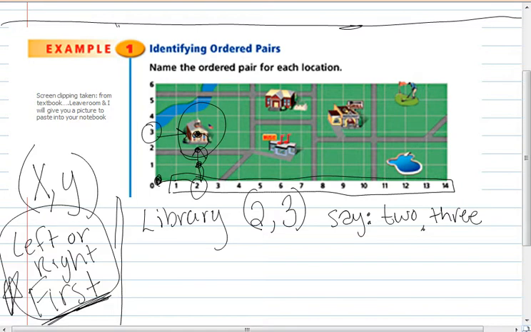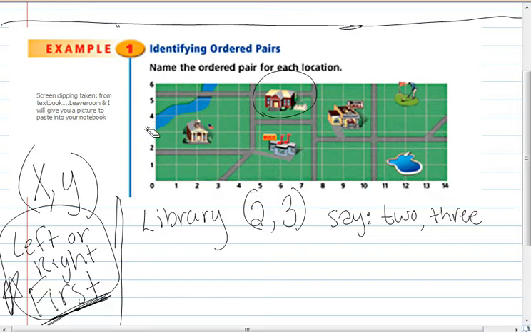All right, so let's look for the school. This is the school right here. Erase my other lines. And for the school, we start at 0, 0, and we go to 6. So that's my first number because that's my left to right or my east west.